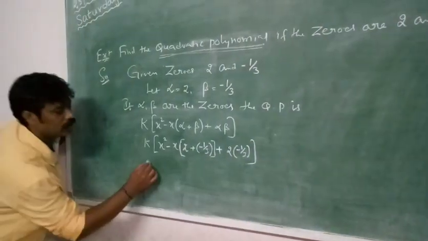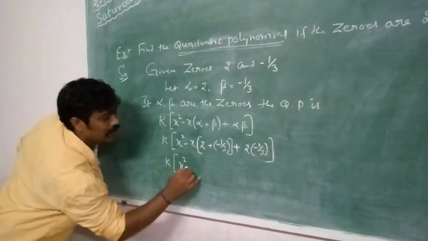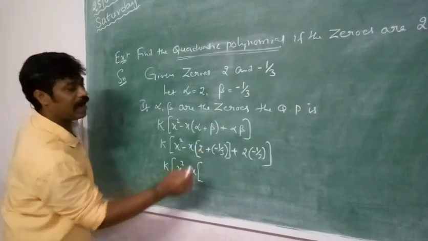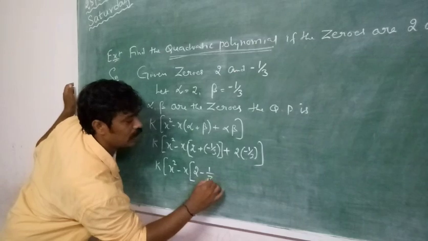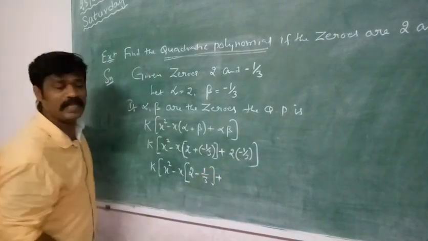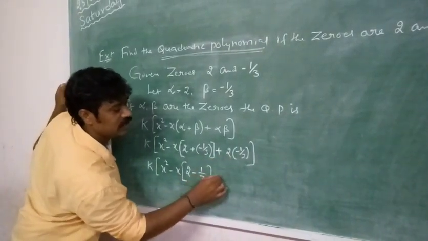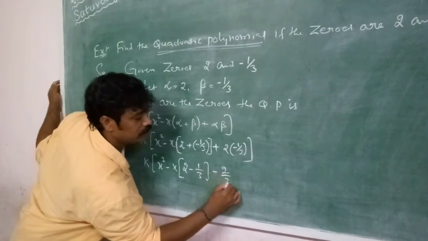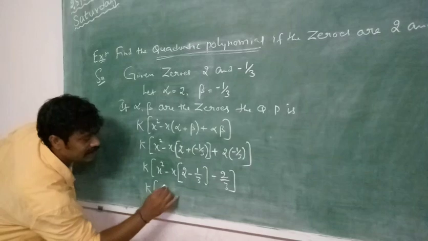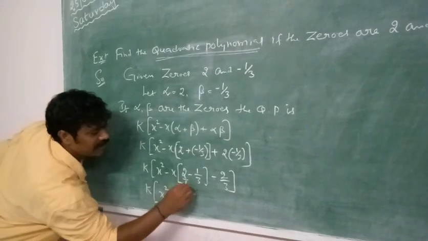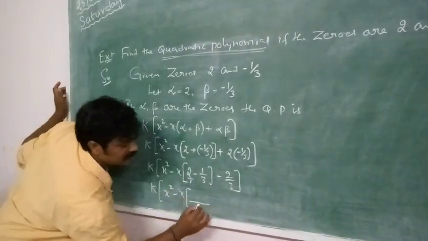So k into x square minus x into, if you add it, what will you get? 2 minus 1 by 3 plus, if you multiply this, plus into minus is minus, so 2 by 3 you get. Then again k into x square minus x into, for this one if you take LCM, it is 3.